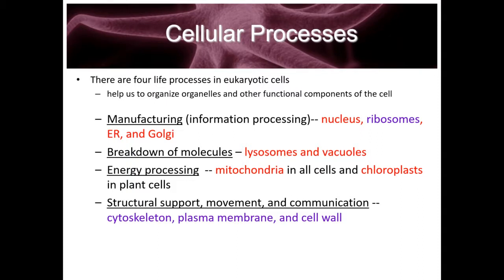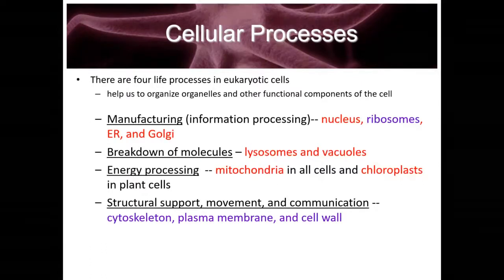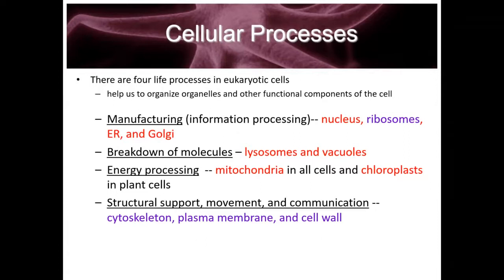So the mitochondria, does anyone remember what's the process that the mitochondria does? Okay, it makes ATP, it's the powerhouse. Anyone know what the name of that process is called? That's right, cellular respiration. So we're going to learn a little bit about mitochondria and cellular respiration, and then we're going to do a whole chapter on cellular respiration. So we're coming back to that one.